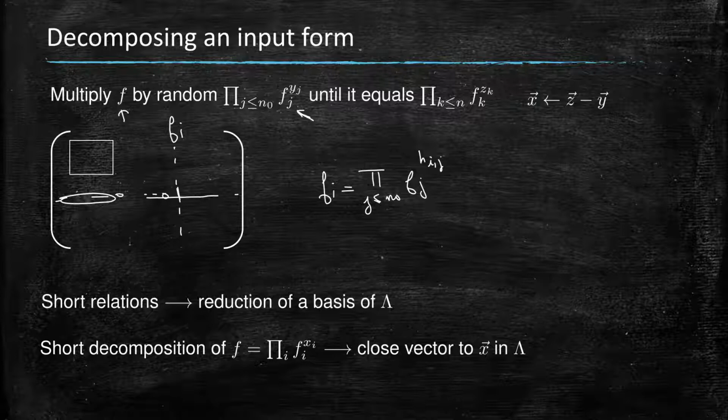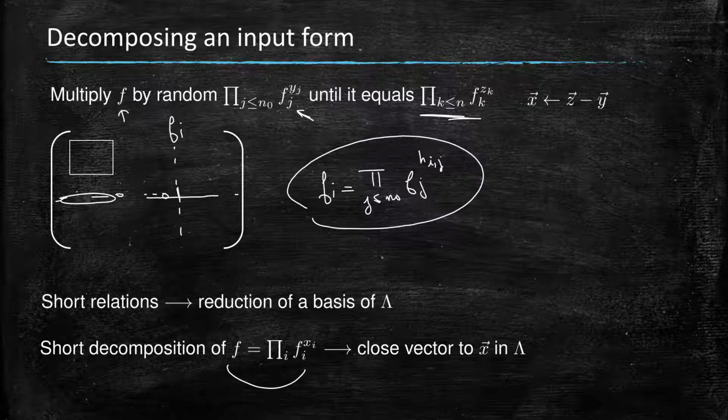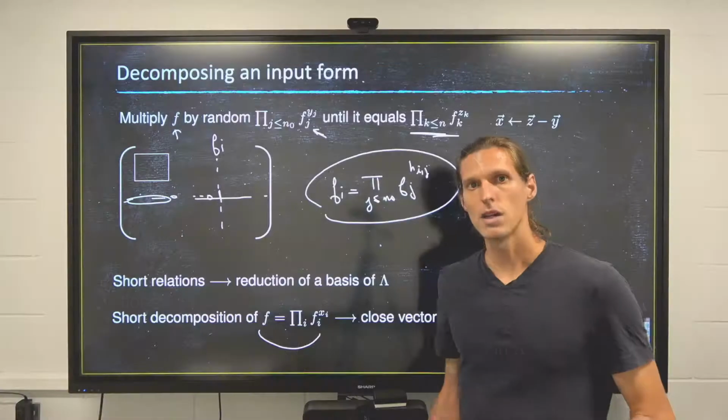Okay, so we're going to have a way to rewrite every element that occurs in the product here. And then once we're done rewriting, what we have is a relation involving only the fi's where i is less than n0. So that's part of what we're interested in.